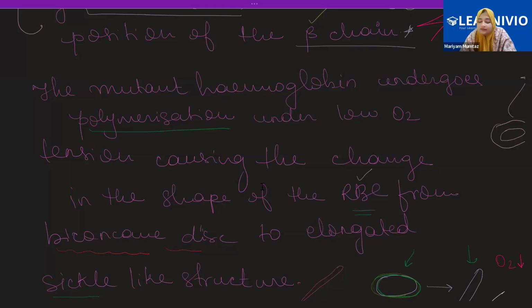The question is, the sickle cell anemia disorder is a disorder, but in which case is it beneficial? They protect against malaria.